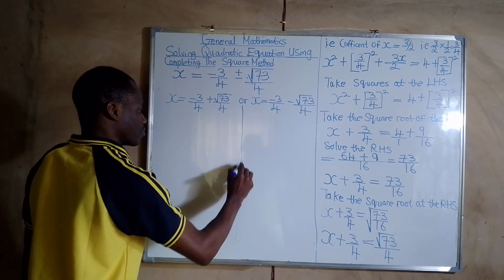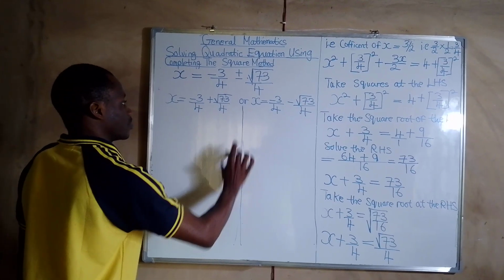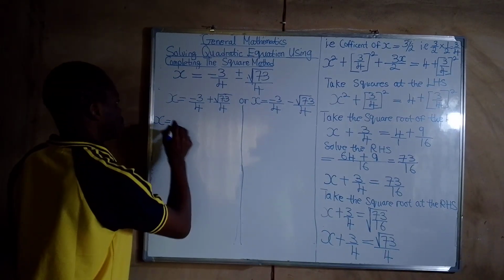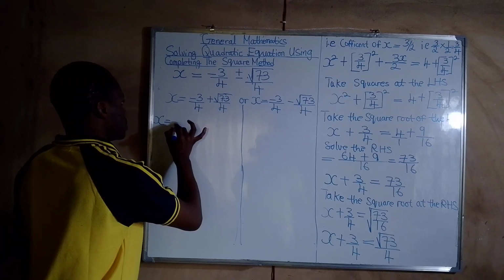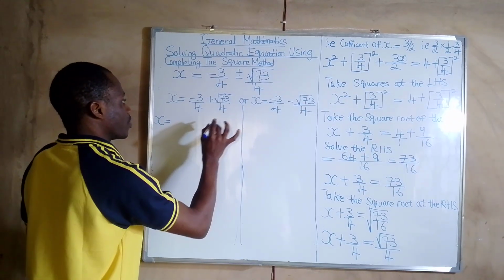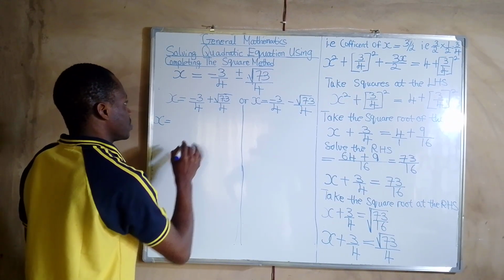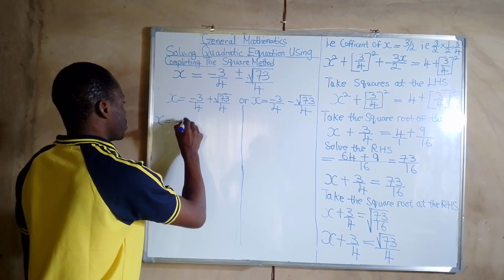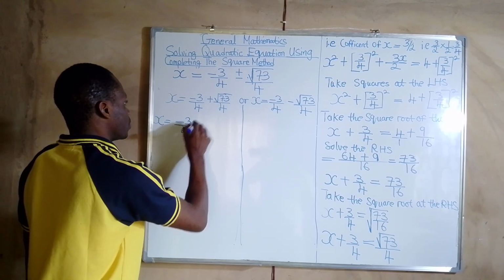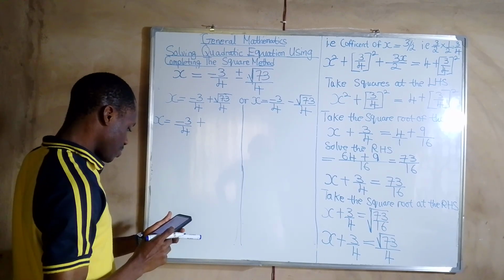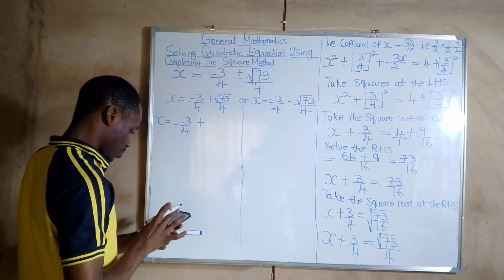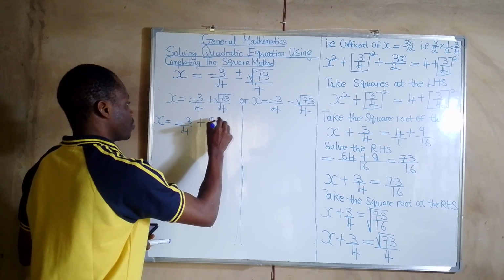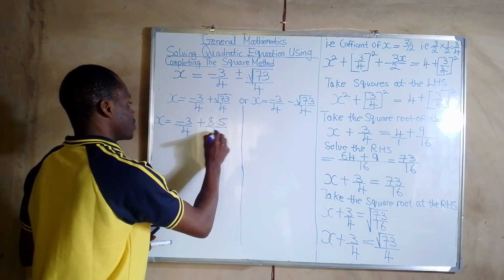Okay, now we'll solve these two separately. Let's go with these two sides now. Now x is equal to the LCM of this and this, which is 4, right? Now, minus 3 over 4 plus square root of 73, which should give 8.5, so 8.5 over 4.